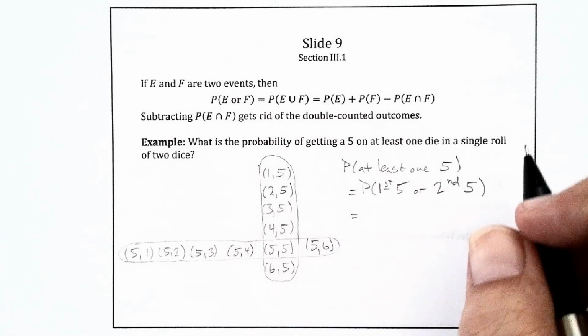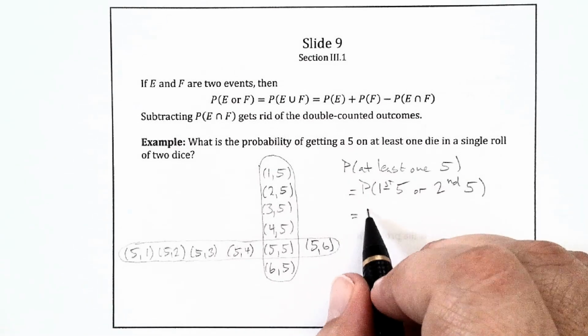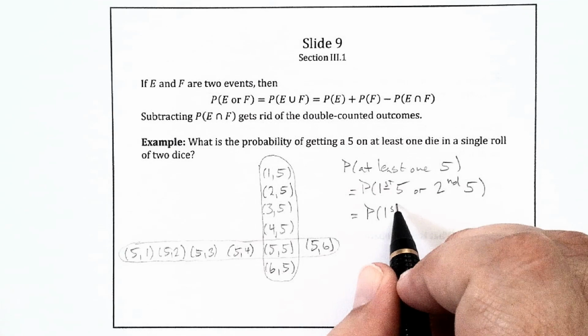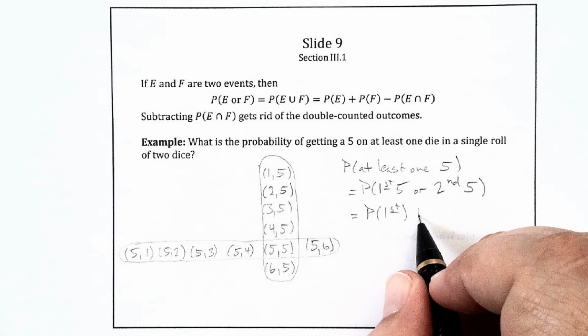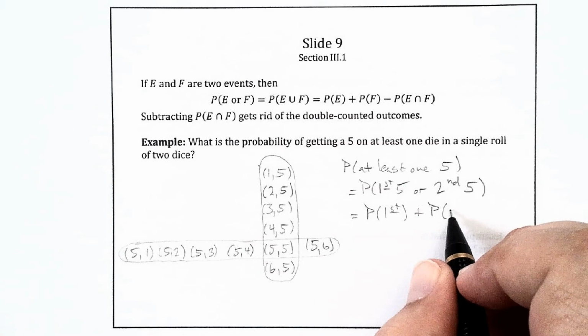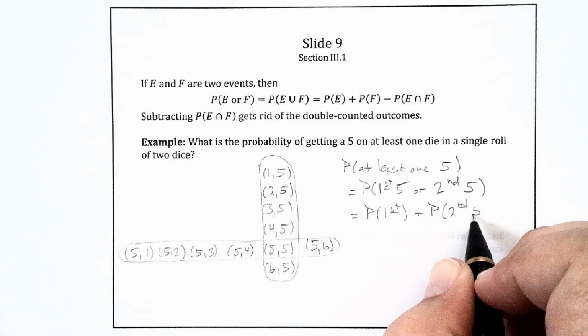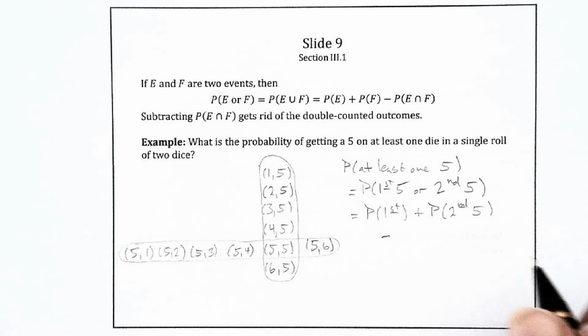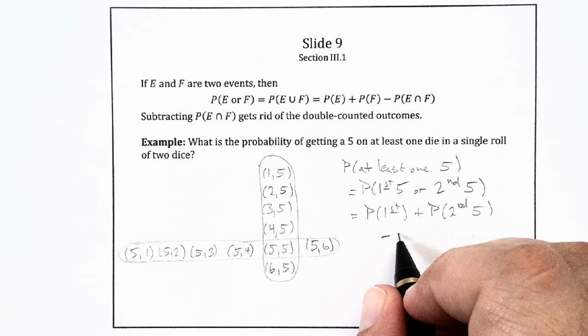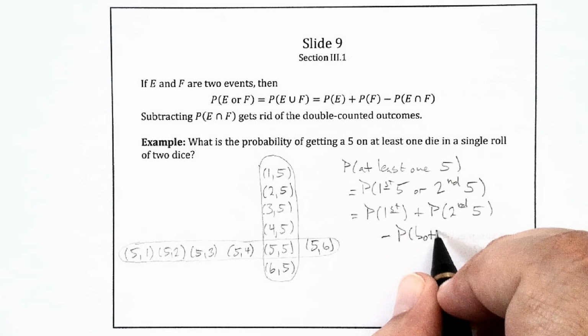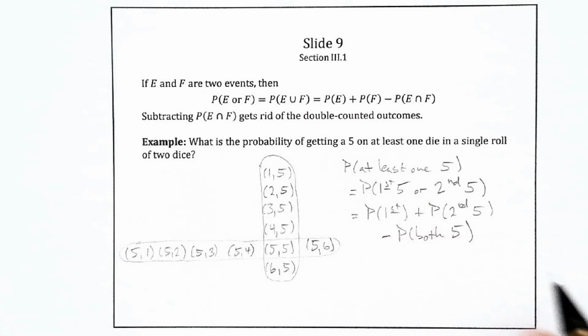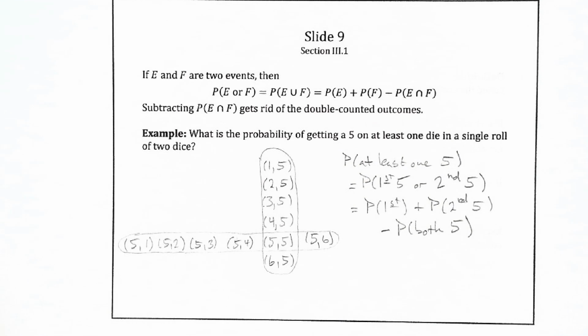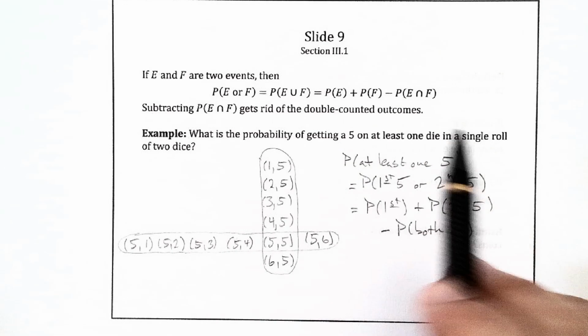So this is equal to the probability that the first will give us 5 plus the probability that the second will give us a 5 minus the probability that they both give us a 5. That's what this intersection is.